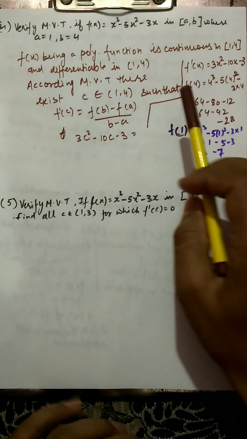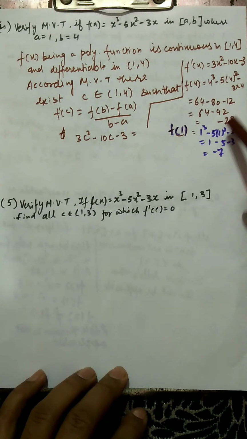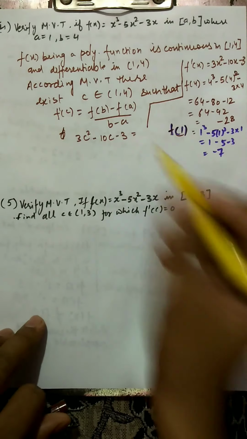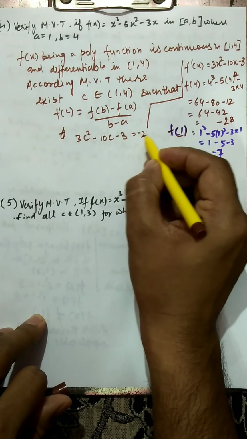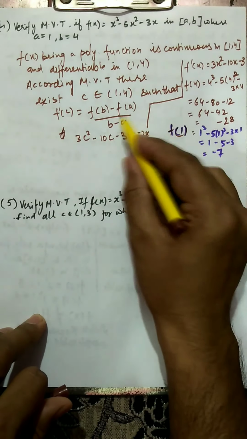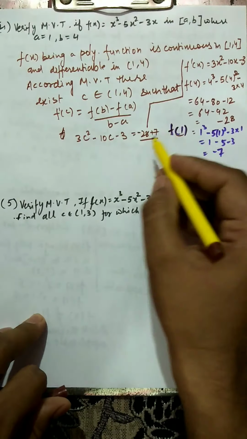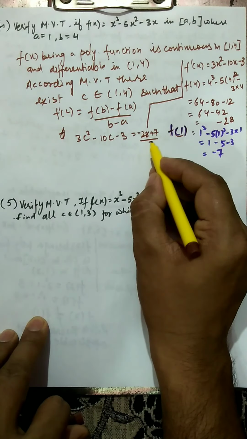So we have calculated the values: f(4) will be −28 and f(1) is −7. We can substitute: this is −28, and minus of −7 becomes plus 7, upon b − a. 4 − 1 means 3.